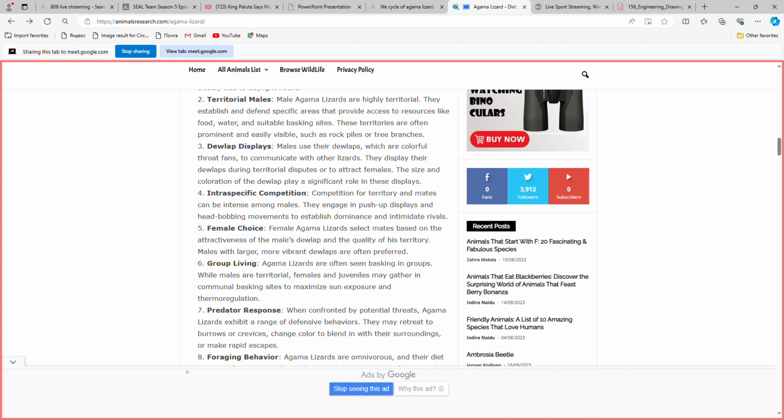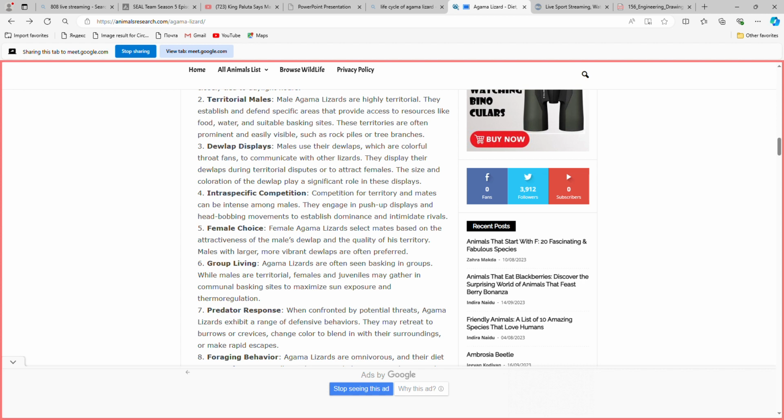Then we have female choice. When they are done intimidating rivals, the female agama lizard selects a mate based on the attractiveness of the male dewlap. You understand? So how attractive your dewlap is will determine how the female will be attracted to you, or for the female to choose you, and the quality of his territory.